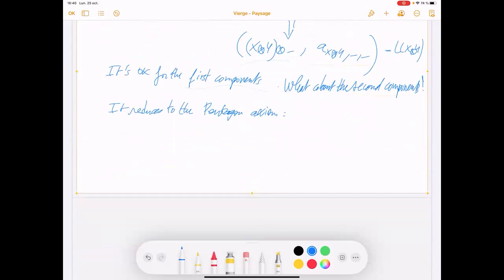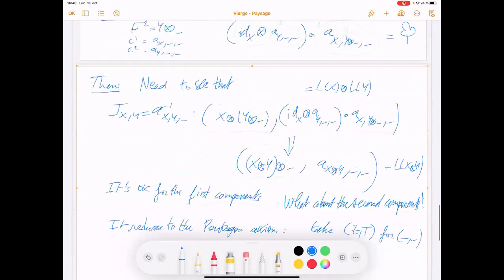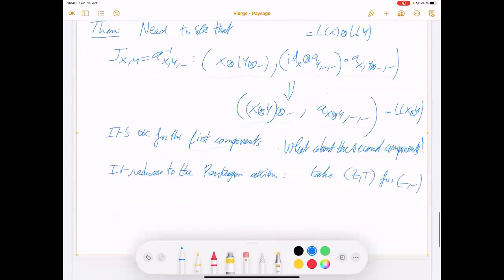So you take ZT for something. So you have something everywhere, and you take ZT for that.